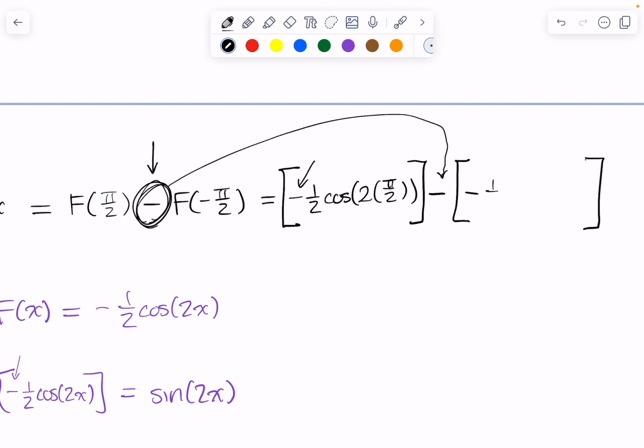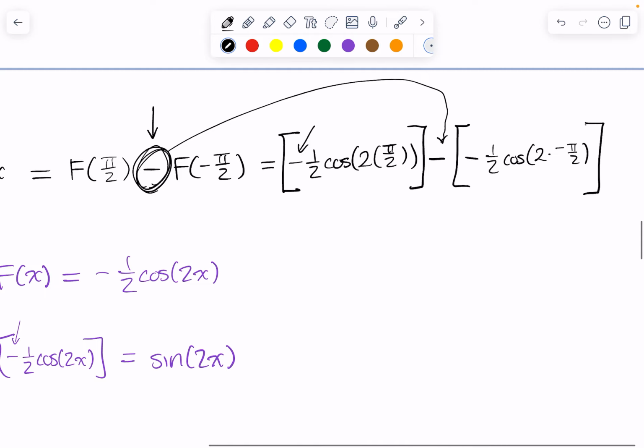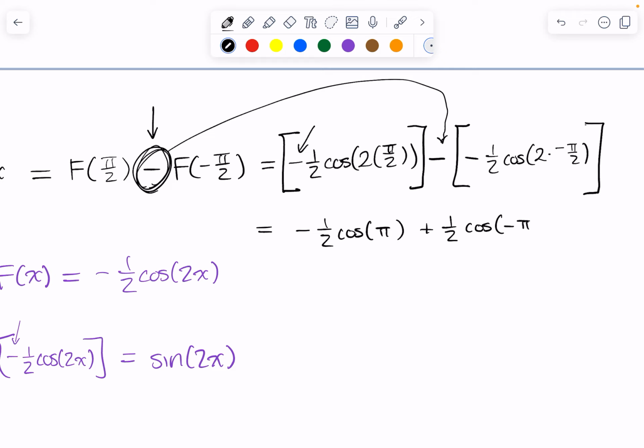So we get -1/2 cosine of 2 times -pi/2. And we end up with, well, let's see, -1/2 cosine of, looks like pi. And then we get +1/2 cosine of -pi.